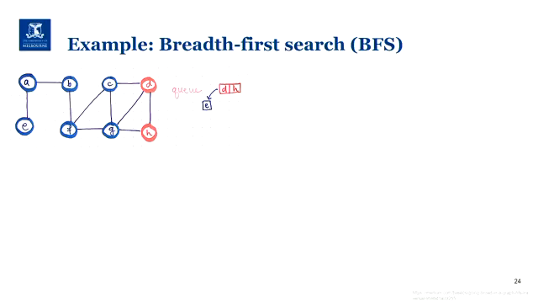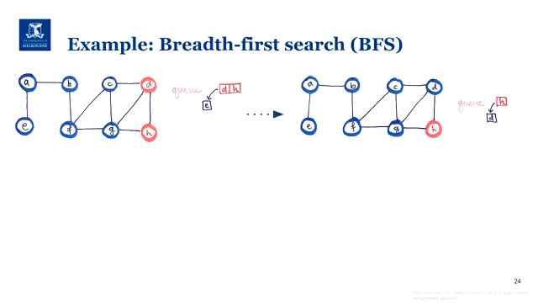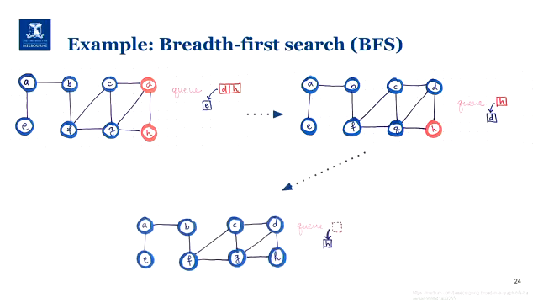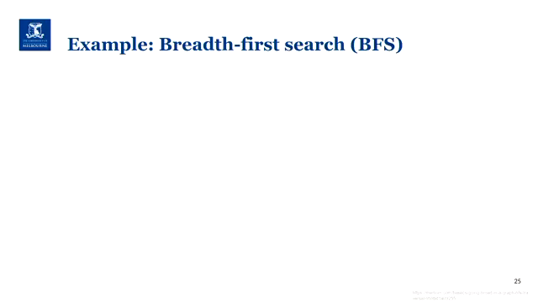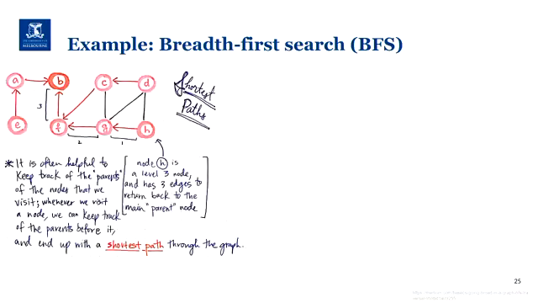And then we visit E, remove E from the queue. We visit D, remove D from the queue. There's nothing else to add. We visit H, remove H from the queue. And we have our breadth first search iteration finished. Important and very interesting thing about breadth first search, however, is the following.